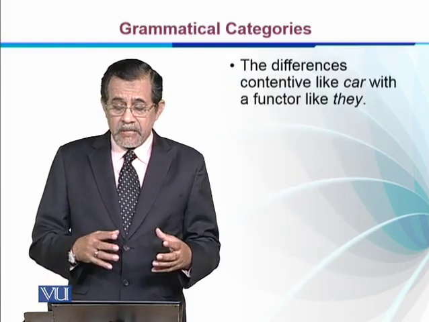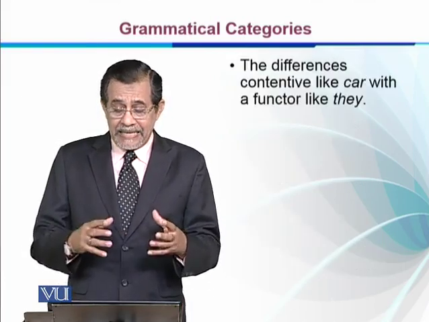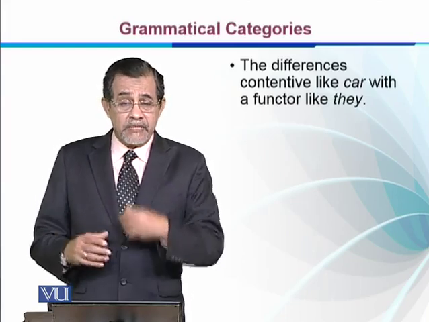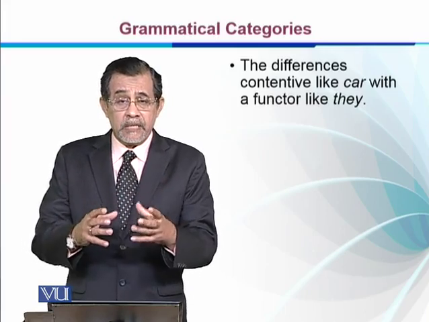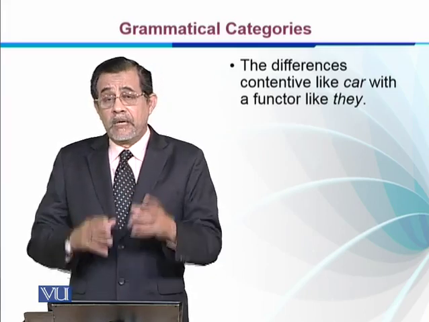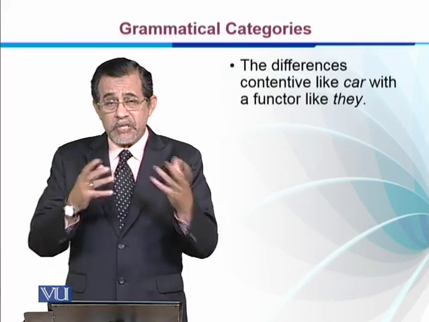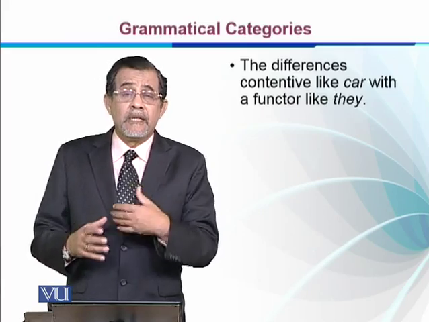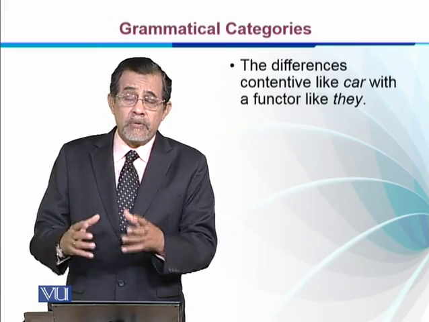What are the differences? A contentive, like car, can be described. We know that it is a type of vehicle which has tires, an engine, doors, etc. And a functor, like they, is a pronoun.